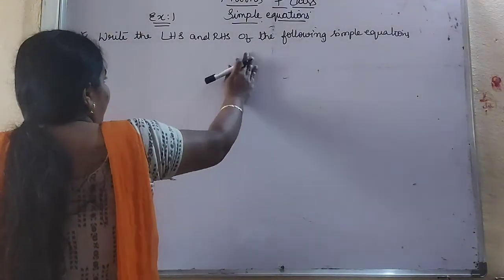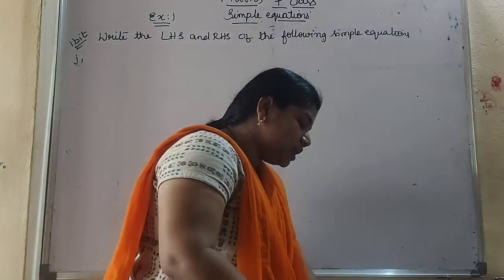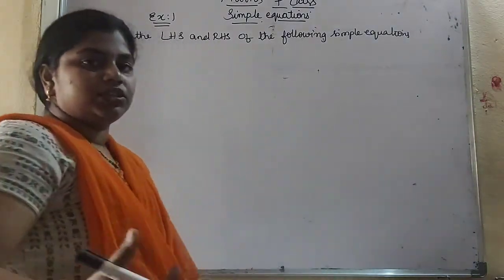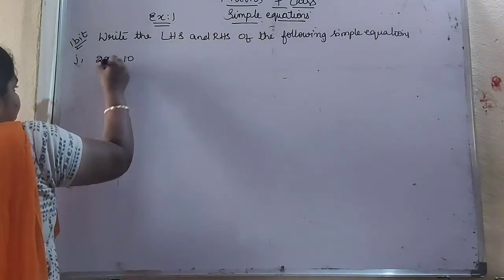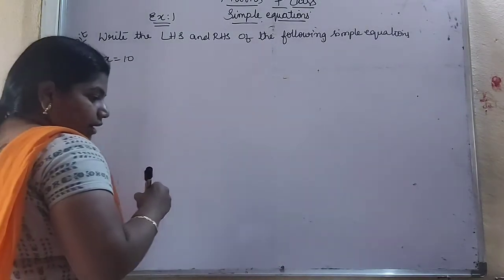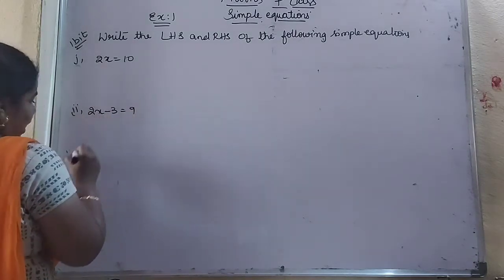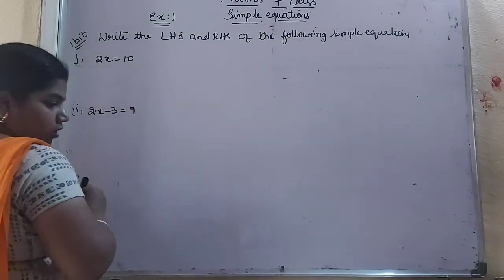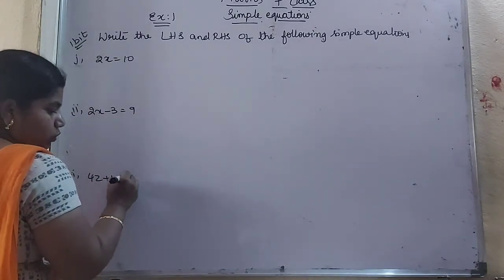So if you take that, first one is what? Here I am writing all the questions first. After that we will write which is LHS and which is RHS. So first one is 2x equals to 10. Second is 2x minus 3 is equals to 9. Third one is 4z plus 1 is equals to 8.